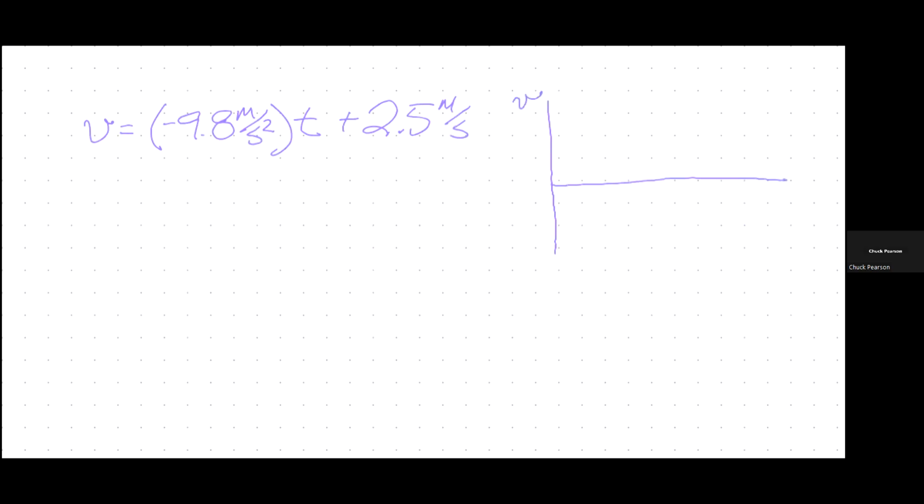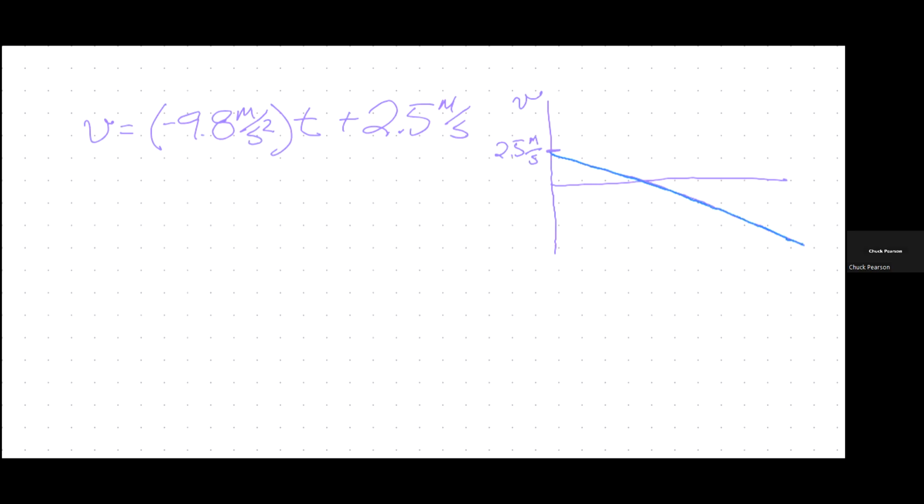Well, I'm going to start here at 2.5 meters per second, but I'm going to have a negative slope to this guy. This guy's going to keep going down as a function of time. Make that a little bit starker of a color.